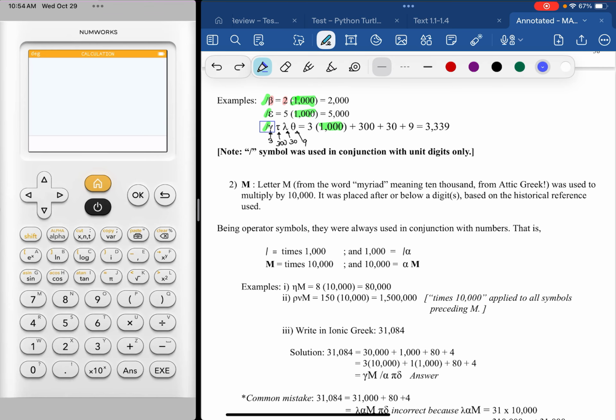The letter M, meaning 10,000, was used with the same idea, to multiply by 10,000. It's placed after or below a digit or digits. That can be frustrating, because you would think it would be somewhat consistent. The slash goes before, but for some reason the M comes after.